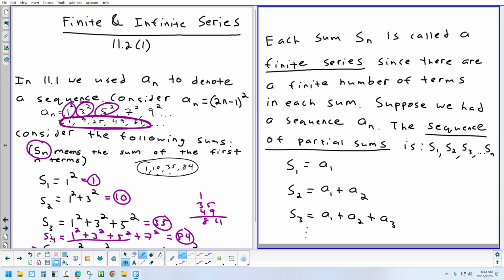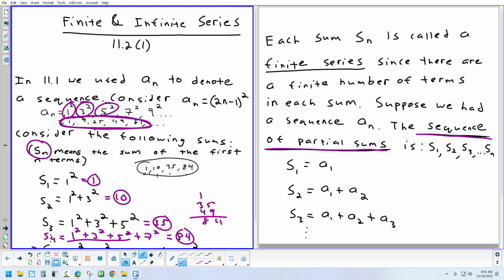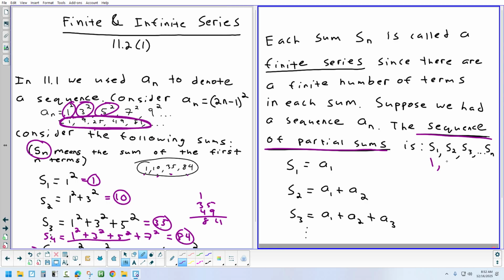Now, this thing that I just underlined in purple, the sequence of partial sums, that is what I wrote down right here. 1, 10, 35, 84. At least in our particular problem. It's a sequence of numbers that was figured out by adding up the first 1 numbers in that sequence.